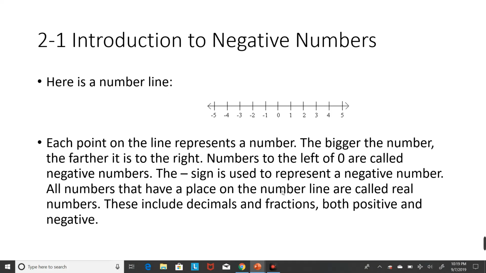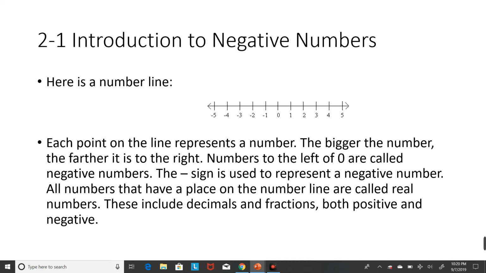Here we go. So section 2.1, Introduction to Negative Numbers. So here's a number line, and I think you've probably been seeing a number line, at least with positive numbers, since you were quite a bit younger. Each point on the line represents a number, and the bigger the number, the farther it is to the right.